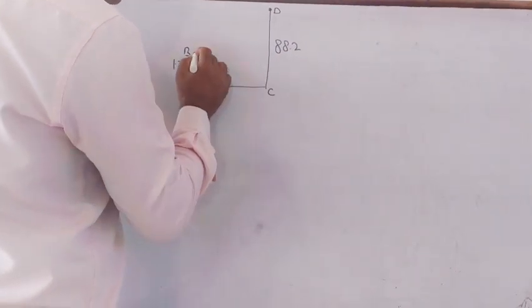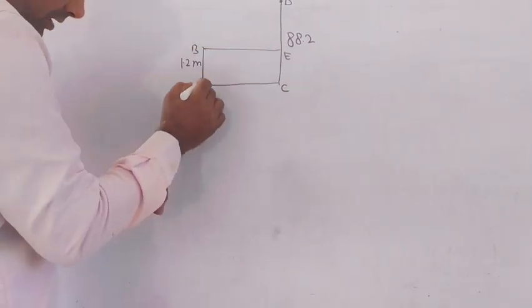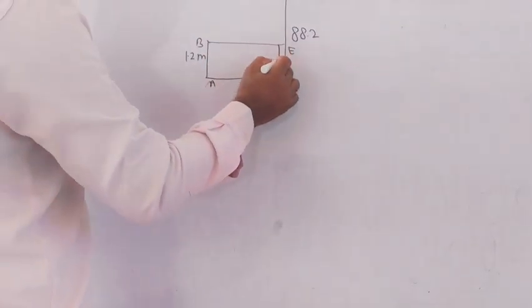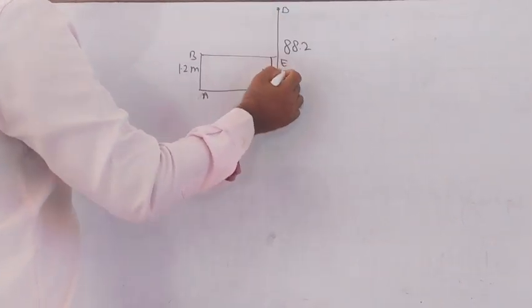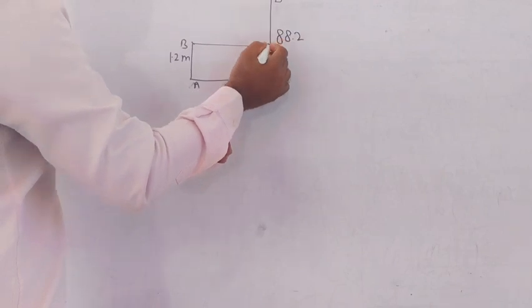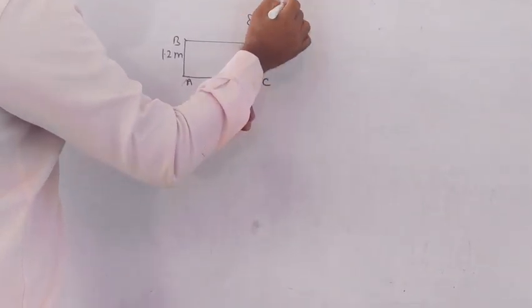Suppose that this is the point E. So if AB equals 1.2 meter, then C is also equal to 1.2 meter. Now the remaining height DE equals 88.2 minus 1.2, it will come 87.